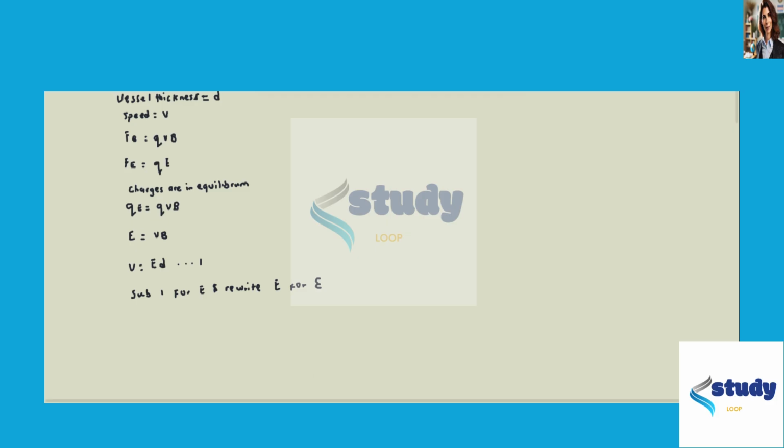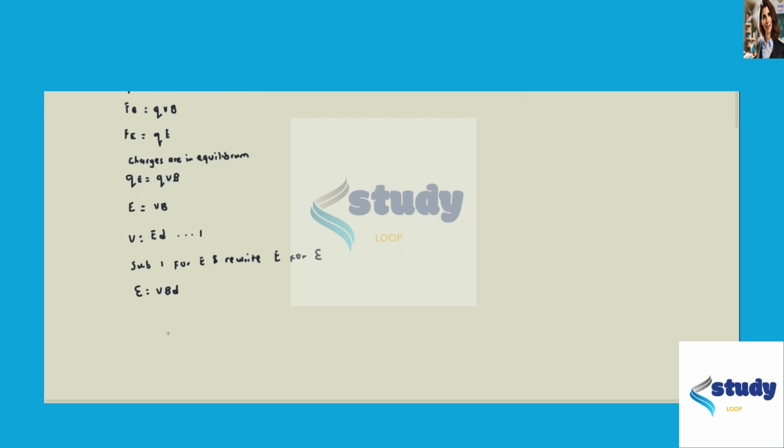So this is how you write epsilon. Substituting E, which is VB, epsilon becomes the potential difference V times the field times the thickness.